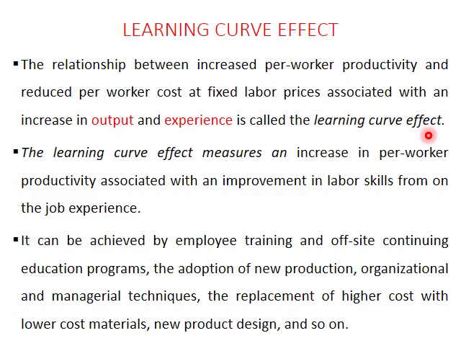When employees are doing the same thing again and again, they become experienced, they become experts on that particular activity, so they can produce more and more with a fixed salary or a fixed input.